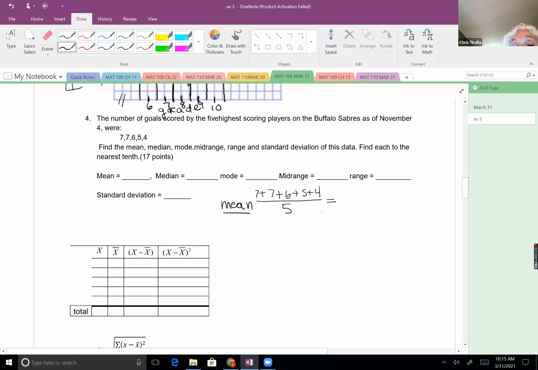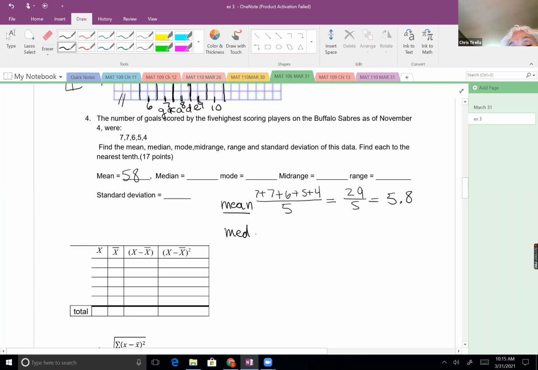And so what does that total to? 5.8. Well, what's the total of the numbers first? Oh, sorry. 29, I think. Yeah, 29, and then you divide that by 5, and then 5.8. Beautiful. Great. No need to apologize. Great job.